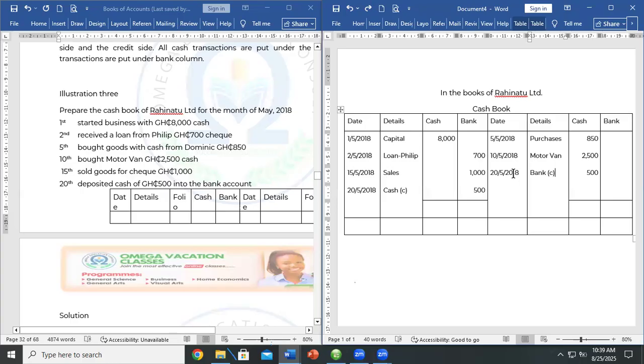Most of the time, it is so because the net effect is zero on the ledger or the account. As you realize here in this cash book, you have 500 at the debit and a corresponding 500 at the credit. They cancel each other out. So contra entries, in effect, lead to a zero effect on the ledger or the account.